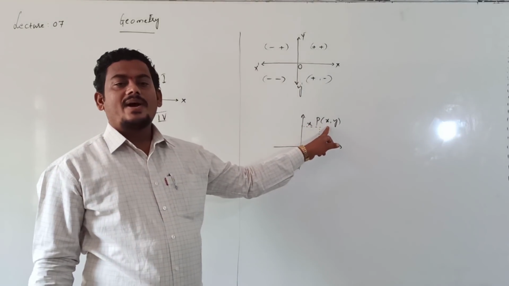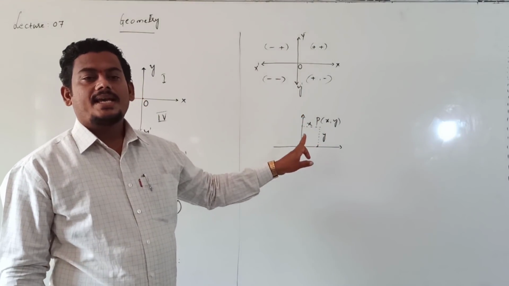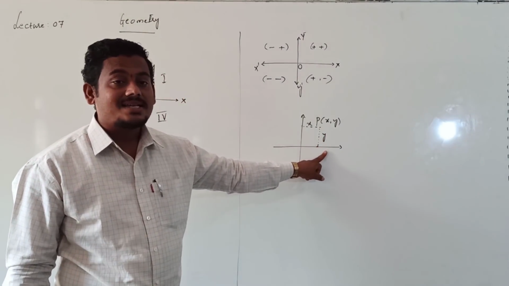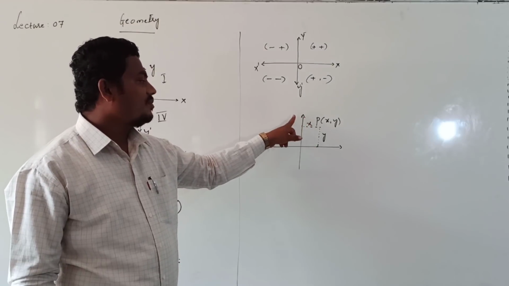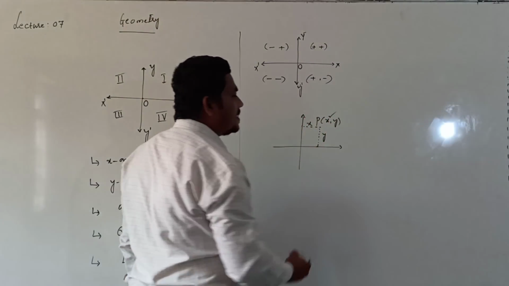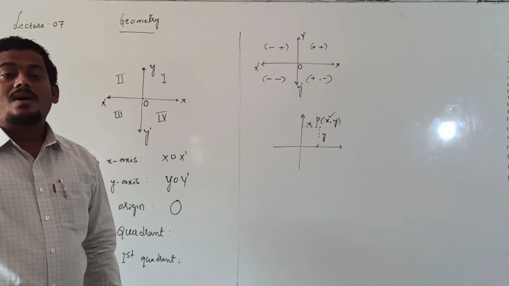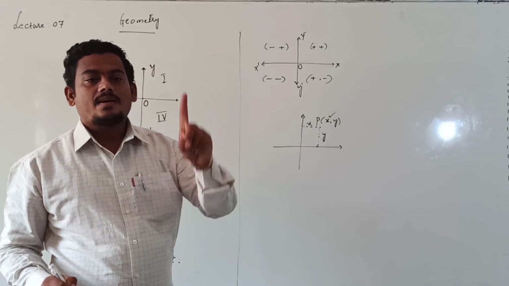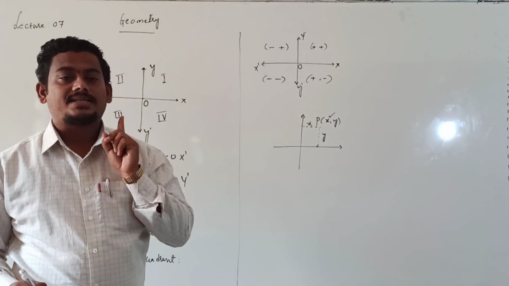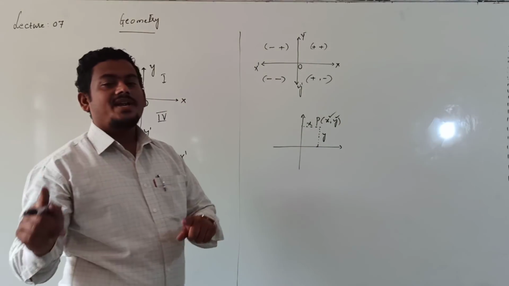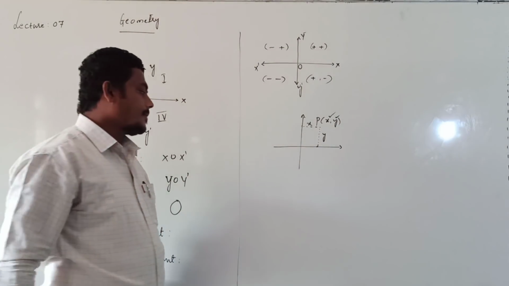So P of x comma y means the point P is y units from the x-axis and x units from the y-axis. The x coordinate represents the distance of the point from the y-axis, and the y coordinate represents the distance of the point from the x-axis.